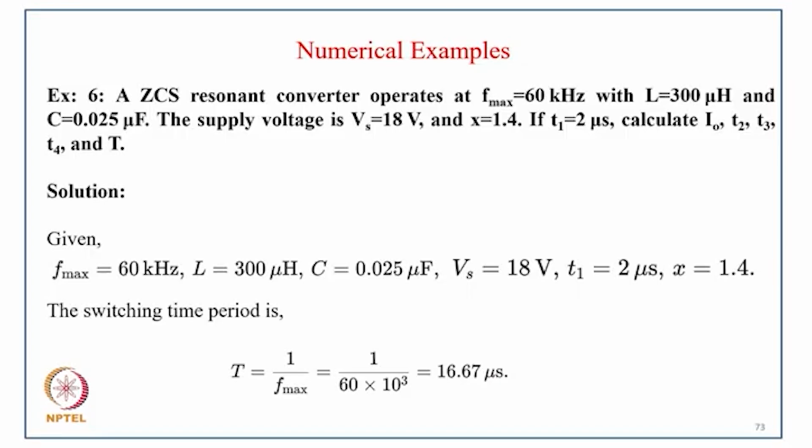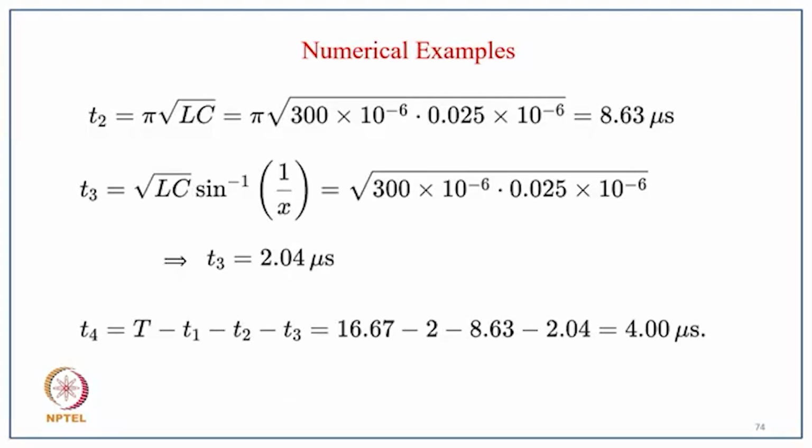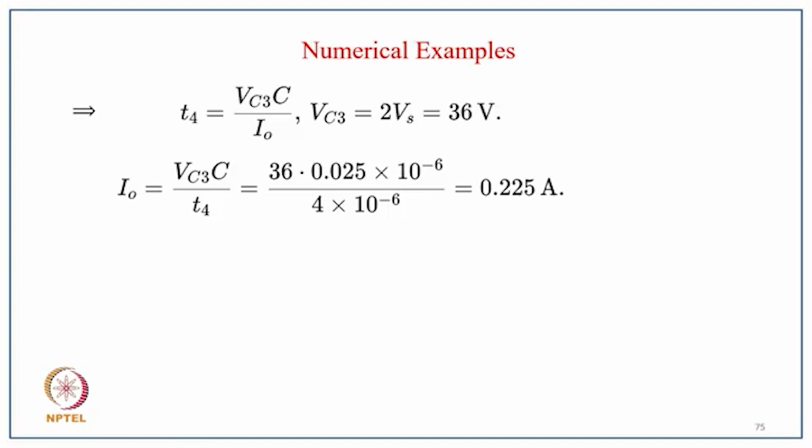So switching time interval T equal to 1 upon F max equal to 16.67 microsecond, and T2 is pi under root LC, so putting value, it comes 8.63 microsecond, and T3 equal to under root LC sine inverse 1 upon X. So putting value, it comes T3 2.04 microsecond, and T4 is T minus T1 minus T2 minus T3, that comes 4 microsecond, and T4 comes VC3 C upon I0. With VC3 equal to Vs, so I0 is Vs C upon T4, so it comes 0.225 ampere.